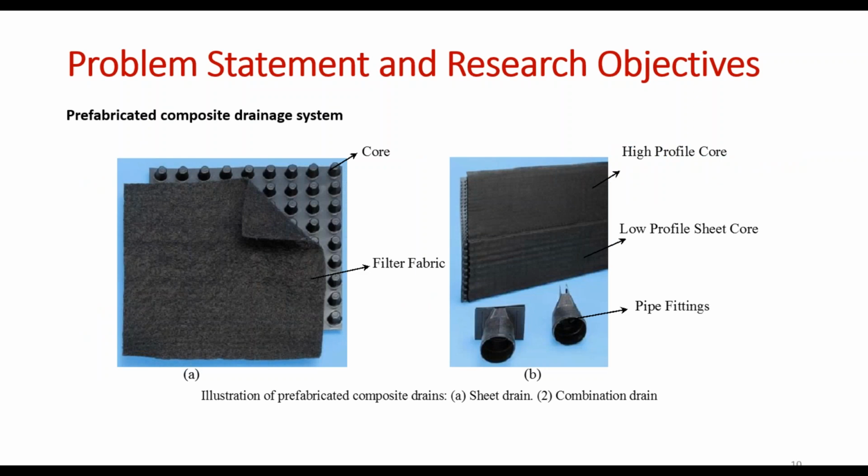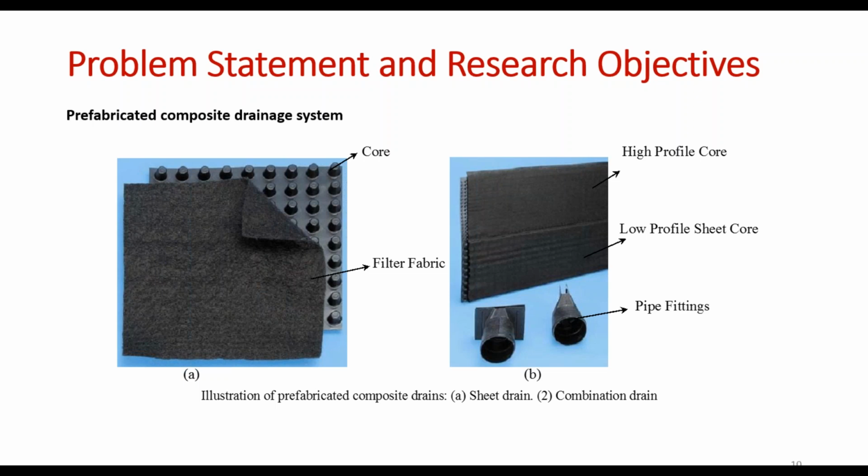As you can see here, the core has dimples. Those dimples create a lot of void inside, so the water can drain freely. And on one side, it also has a fabric bonded there to prevent clogging as well.